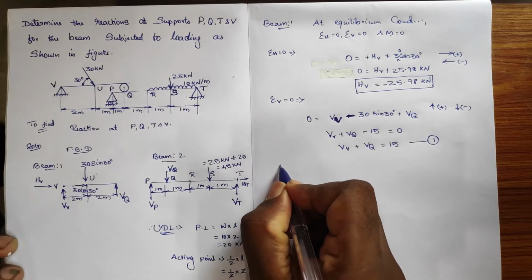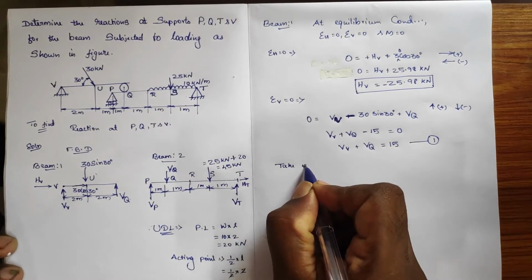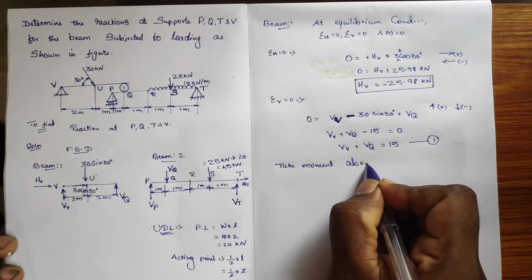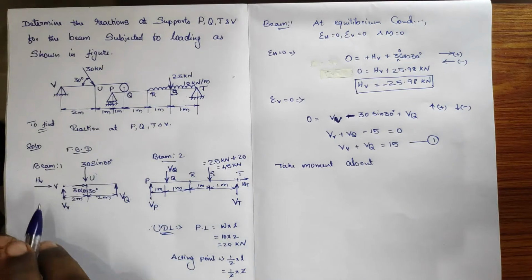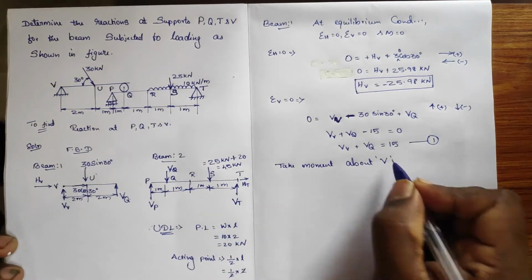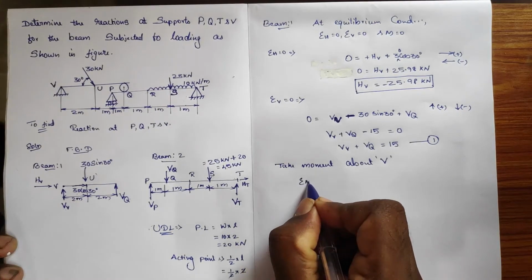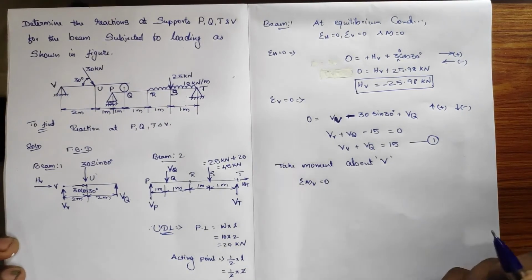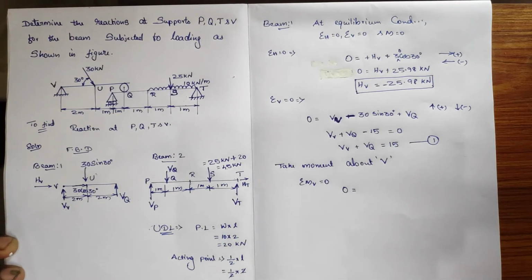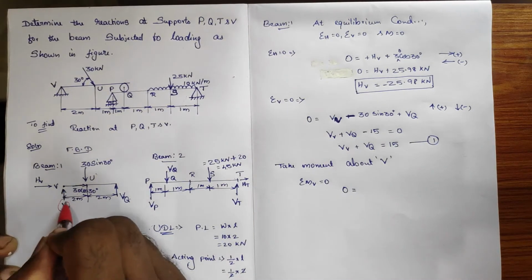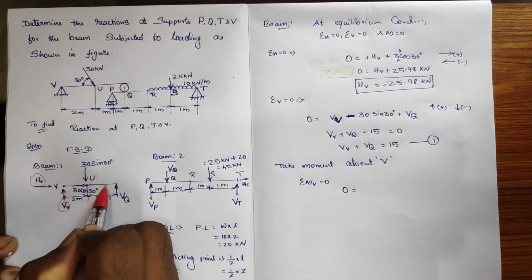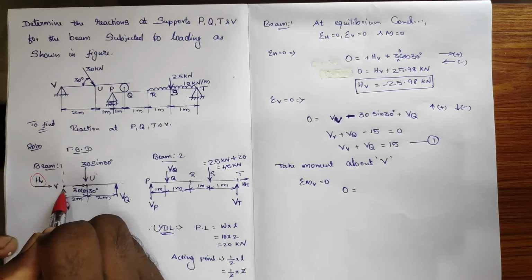Next, take moment about any point. I am going to consider the first point V. If I take moment about V at equilibrium, it is equal to 0. On that particular point, any force with the same line of action gives 0.